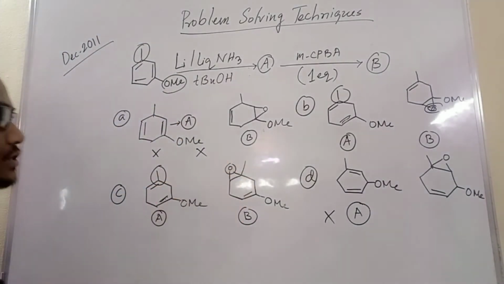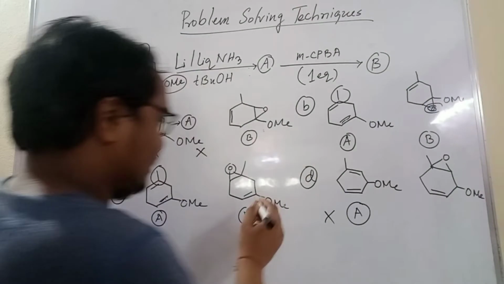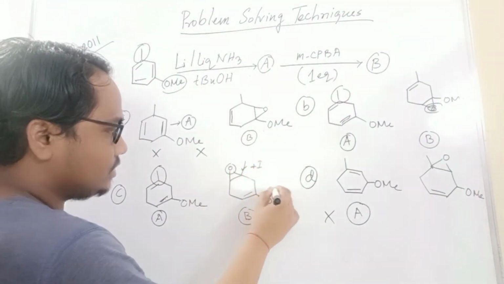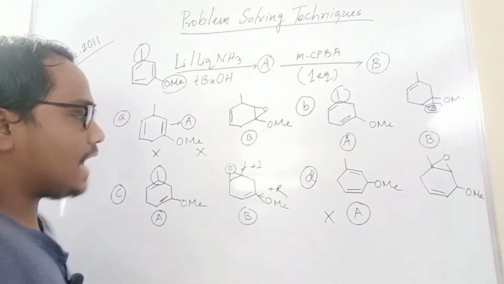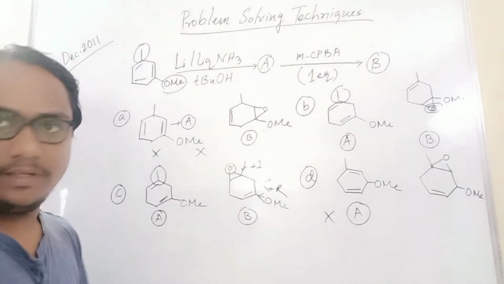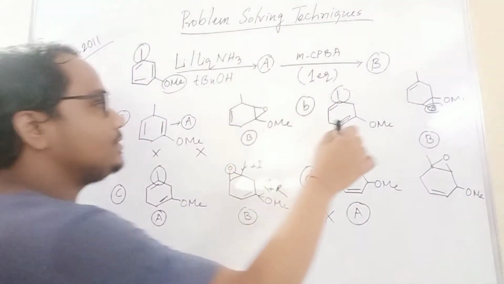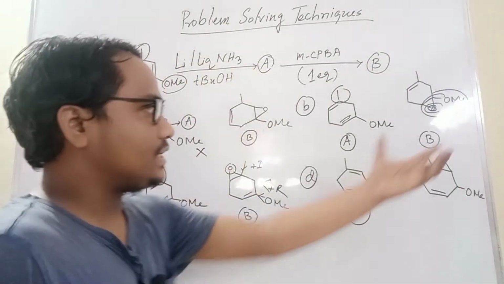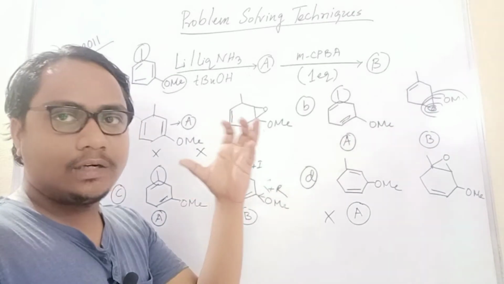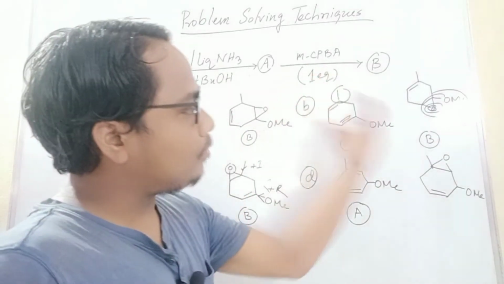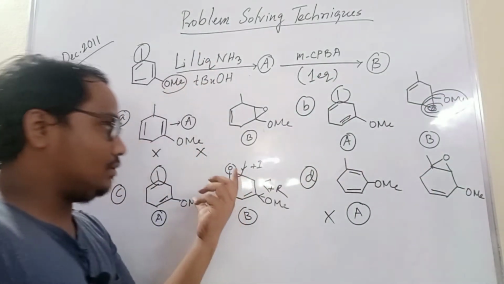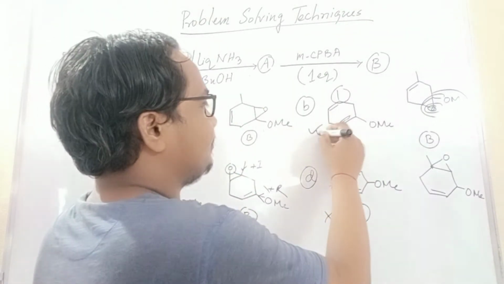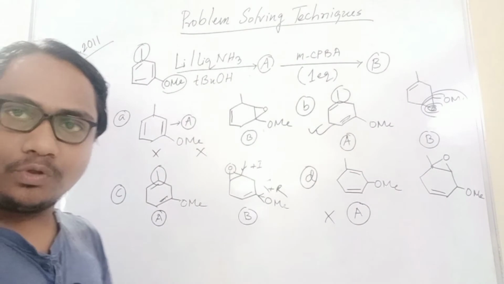So in these 2 options you have to select: here the methyl group has a plus I effect, and here the methoxy group has a plus R effect. Plus R effect is more than plus I effect. So in this case the methoxy group decides. Here this option is correct, because the electron deficient oxygen will bond to this double bond, not the adjacent methyl double bond. So this option is correct. This way you have to approach it in a quick way.